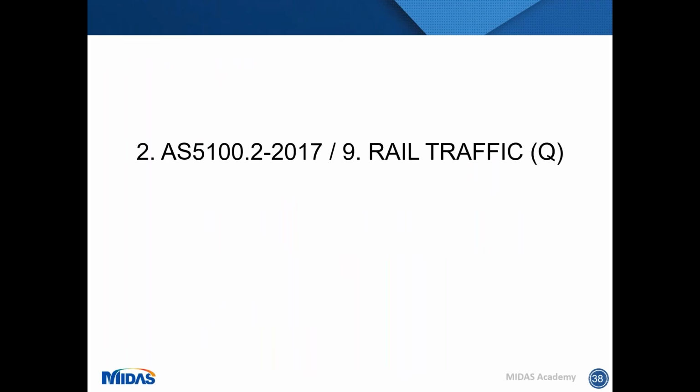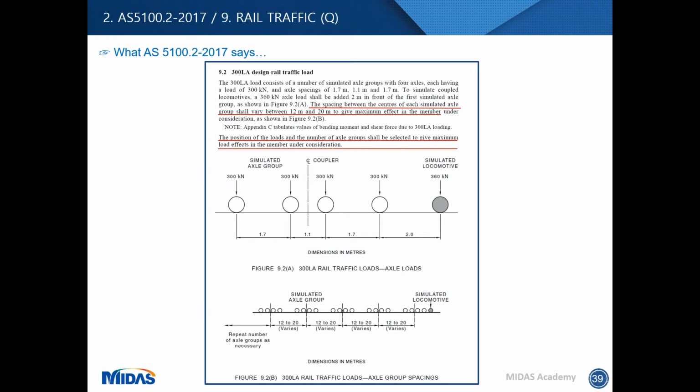It is rail traffic. So we have added the 300 LA design rail traffic load. Here we have variable spacing between each axle group, minimum 12 meters to 20 meters, to give the maximum effect in the member. So we need to decide the value of spacing for axle groups, and the number of axle groups can be variable as well.